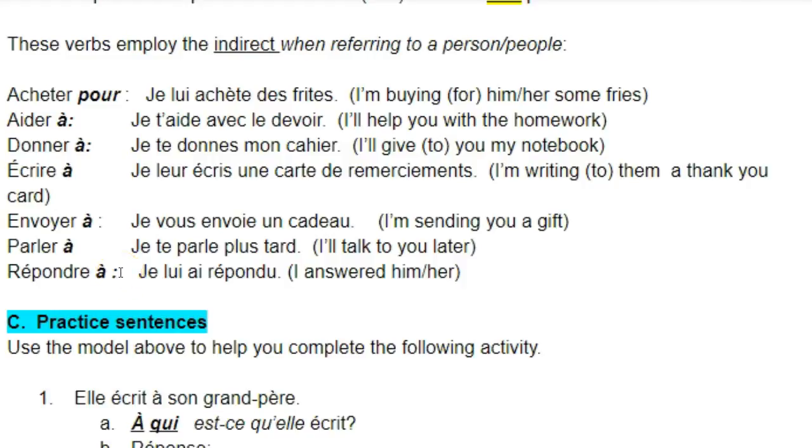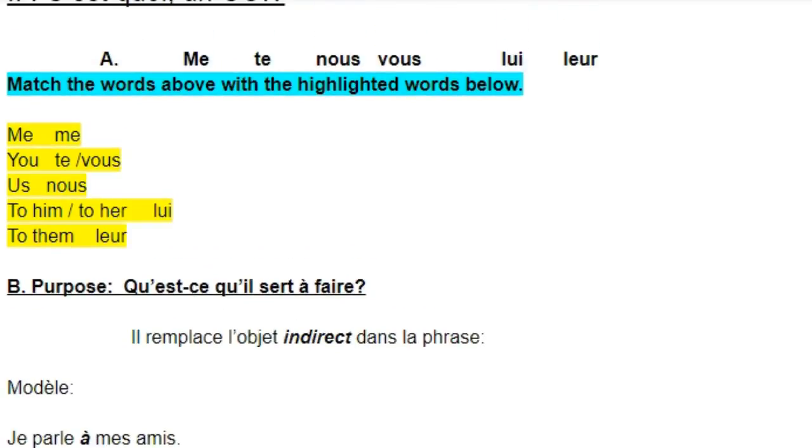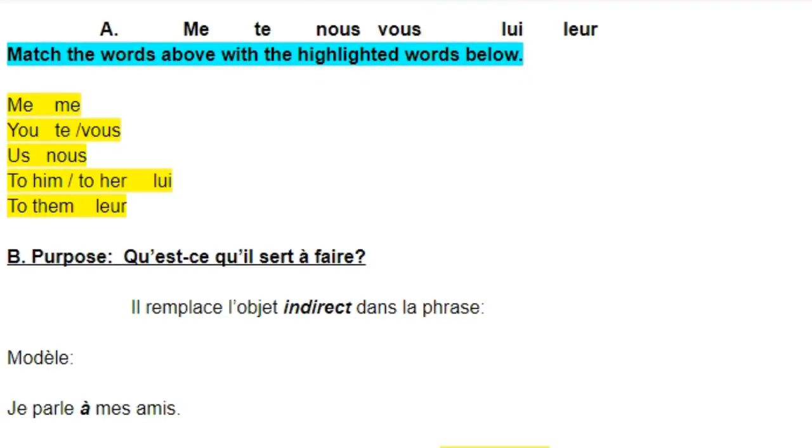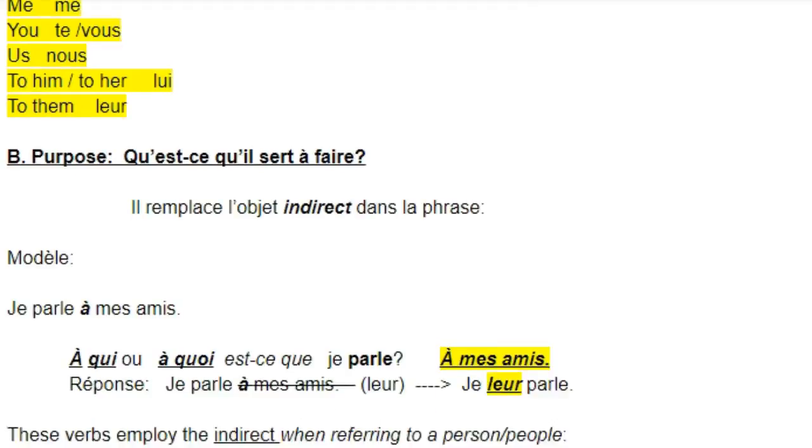Because these verbs are followed by prepositions like pour and à, and they refer specifically to people, that those actions are being done on behalf of or to those individuals, the object pronoun that's used is referred to as an indirect object pronoun. If you notice from the list, all of the object pronouns are the same. Me, te, nous, vous, except for him and her and them. Instead of le, la, and les, here we're using lui or leur.